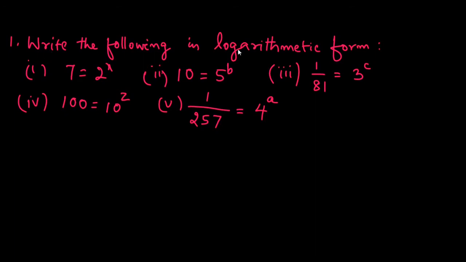Write the following in logarithmic form. Here exponential form is given. We have to write in logarithmic form. 7 is equal to 2 power x. This is exponential form. Now what is the logarithmic form?